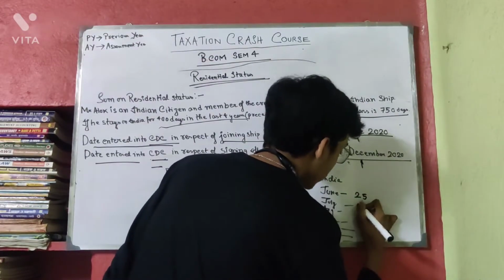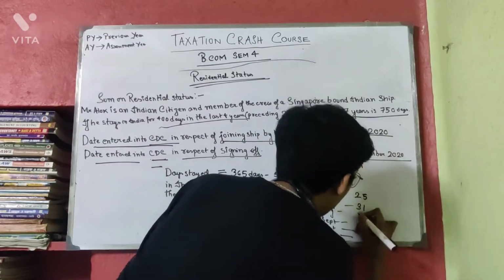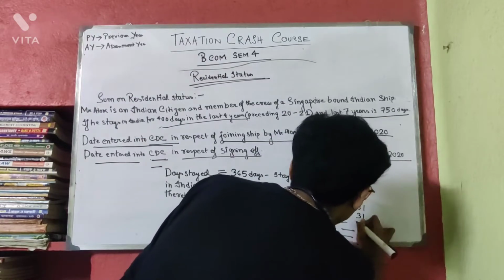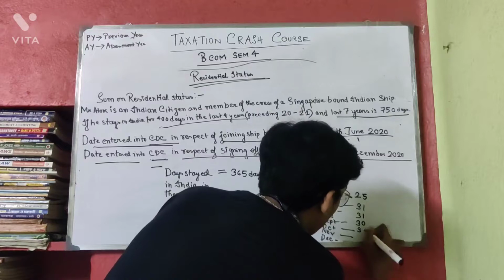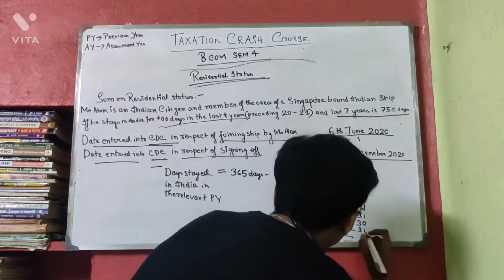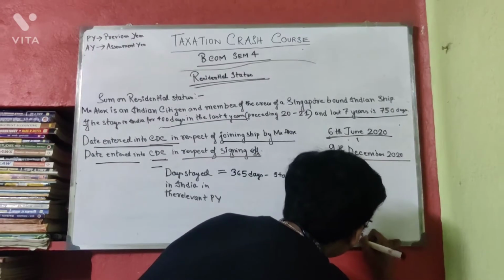In July 31, August also 31, September 30, October 31, November 30, December 31.